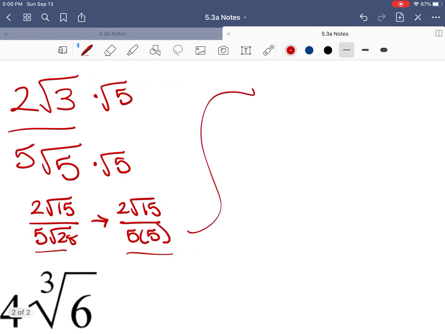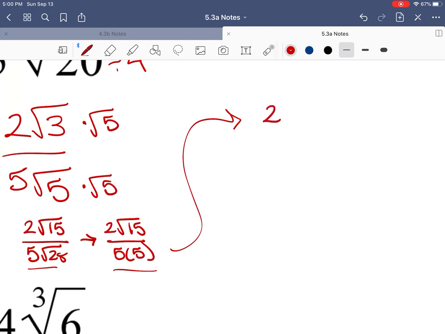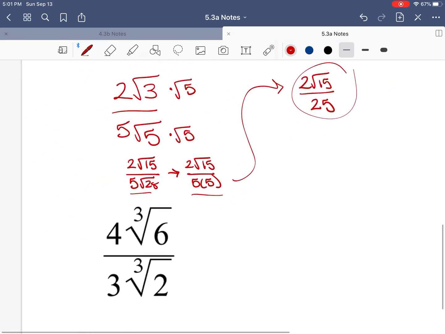From here, I'm going to go back up to the top because we don't work sideways, we work down the page. I'm going to have 2 root 15 over 25. Again, you look for things that can reduce. 2 and 25, there's nothing common. Root of 15, there's no perfect squares that go into that. So this would be our final answer.